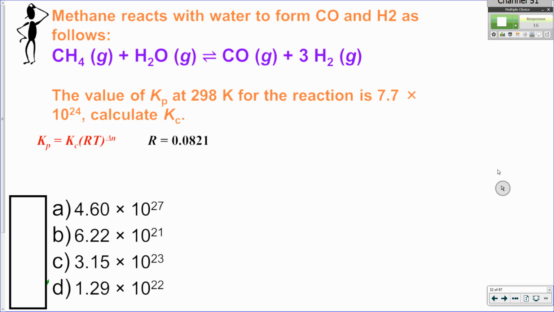What do you get when you do that? Don't look at that one. That one's wrong.